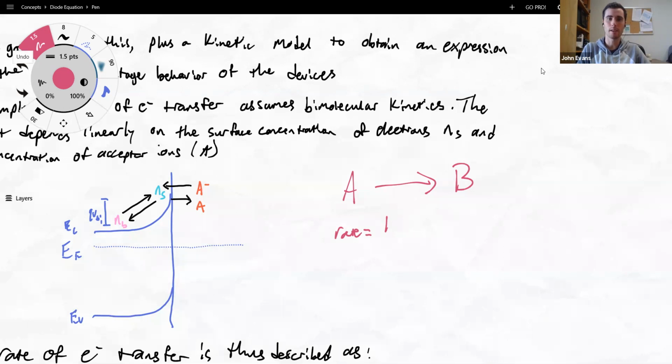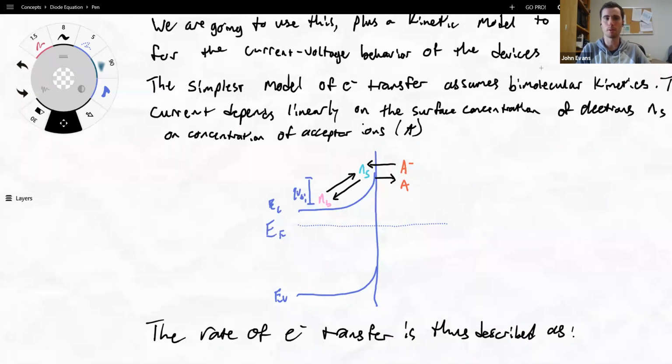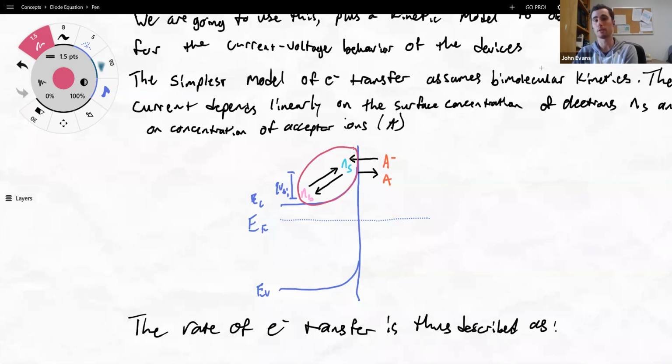Now, we are going to say in this case that it's going to be first order in both our concentration of electrons and our concentration of acceptor ions. You can sort of see by this diagram here what we're looking at. So there's two reactions going on here, really. There's this exchange between the concentration of electrons in the bulk and concentration of electrons at the surface.